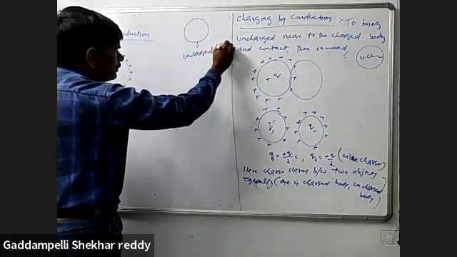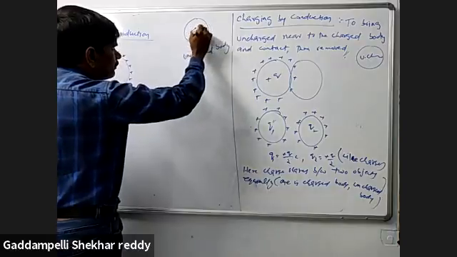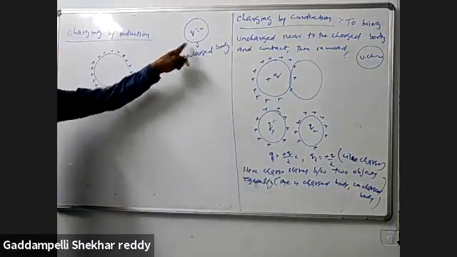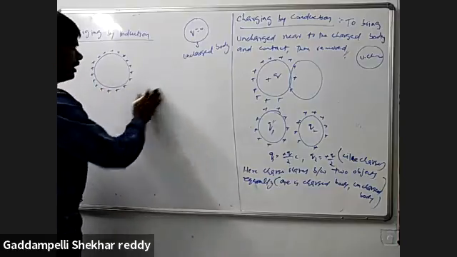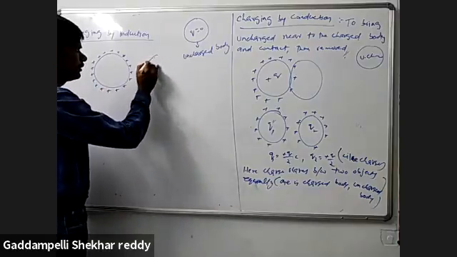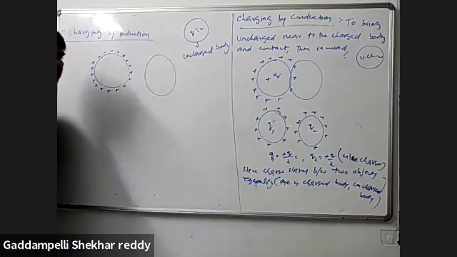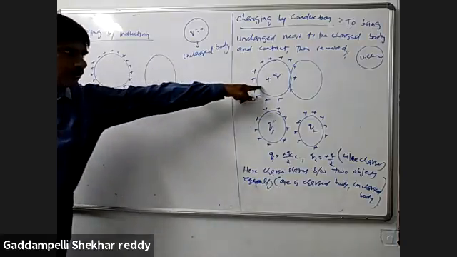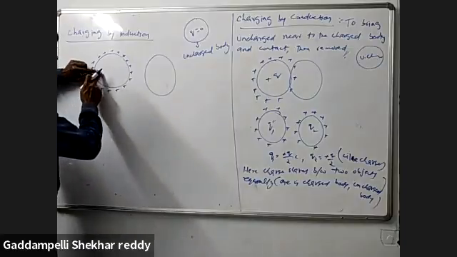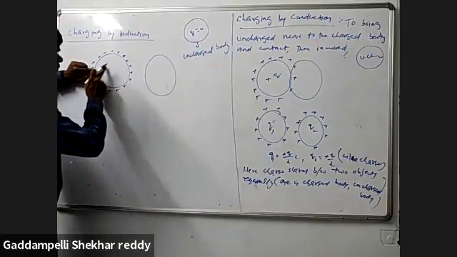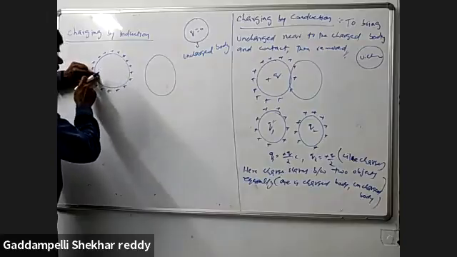The other is an uncharged body, that means Q is equal to 0. This body is brought near the charged body and placed near it without contact. Since the charged body is positive, positive charge is more and negative charge is less.